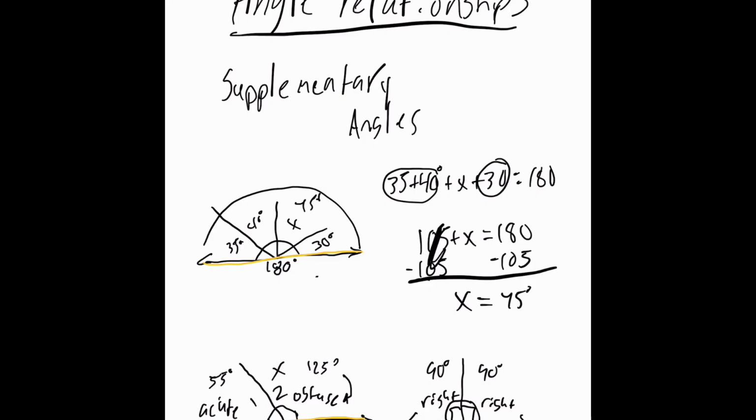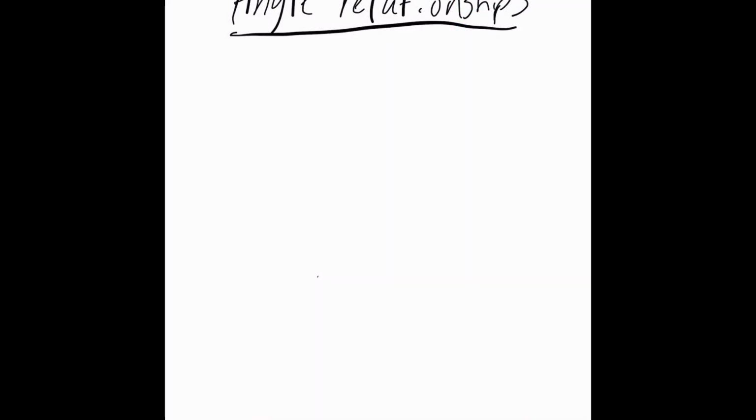And then supplementary angle relationship, where we have a straight line that could be split into multiple angles, and those angles should add up together to equal 180. Okay, I just wanted us to summarize where we were. The last angle relationship we have are angles at a point.